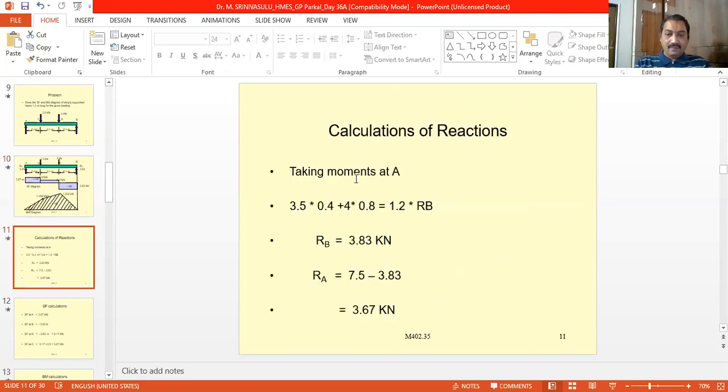Or we can say that when a body is in equilibrium condition, the sum of the clockwise moments must be equal to the sum of the anti-clockwise moments. So these are the anti-clockwise moments, and this is the clockwise.